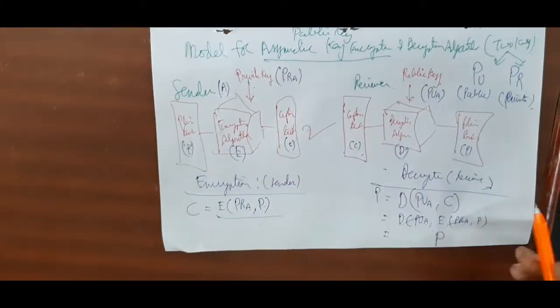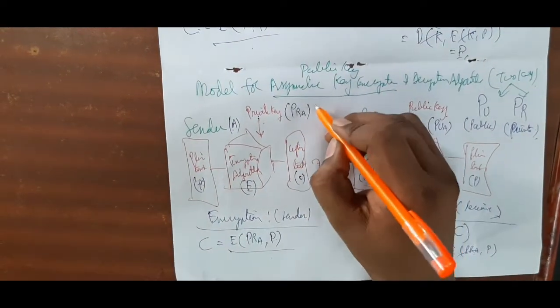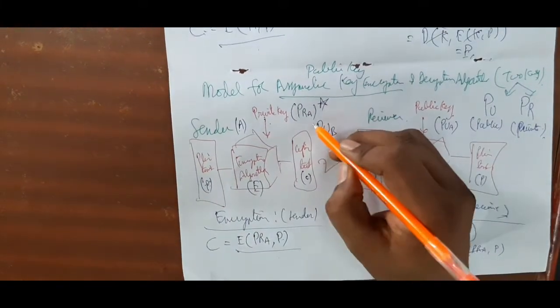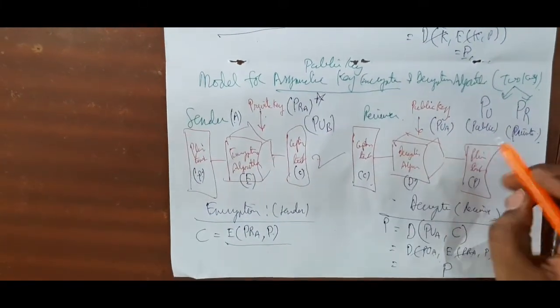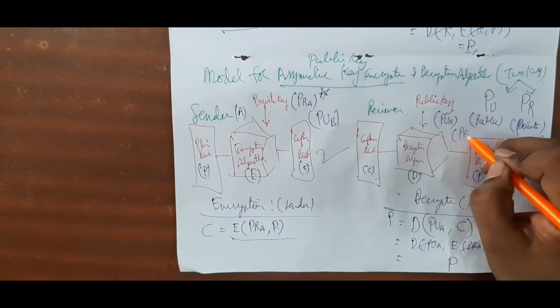Here, for example, if you are going to use another key, that is the public key, there is another concept: instead of the private key you can use PUB, that is the receiver's public key. So this is another option. In the same way, here you can use the receiver's private key, that is PRB.